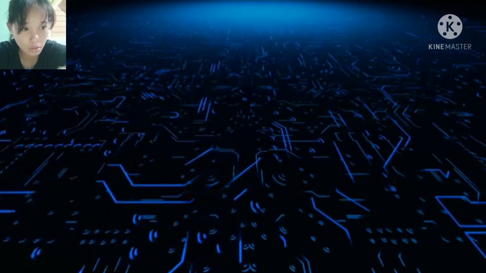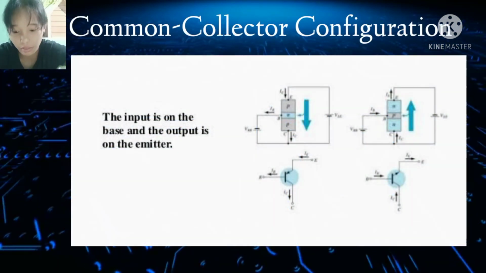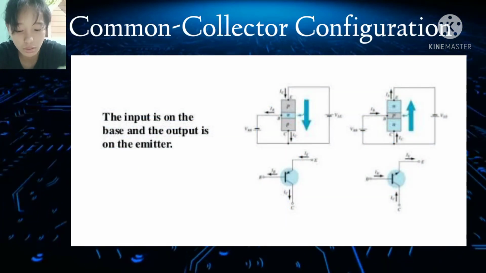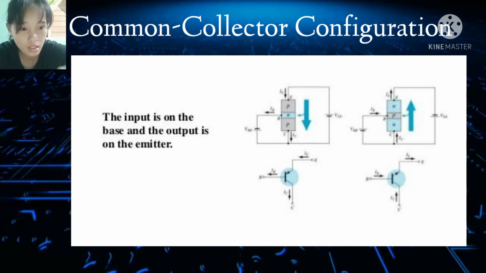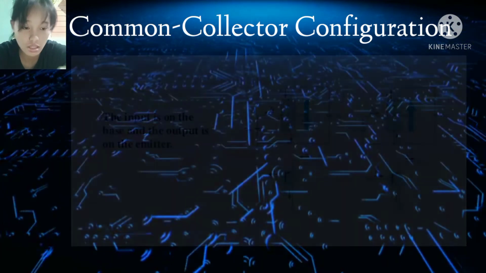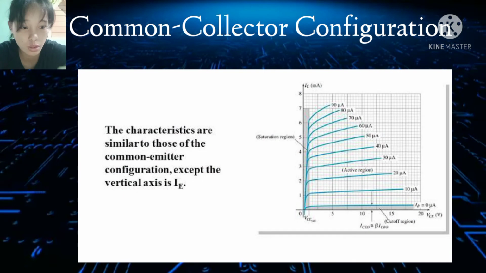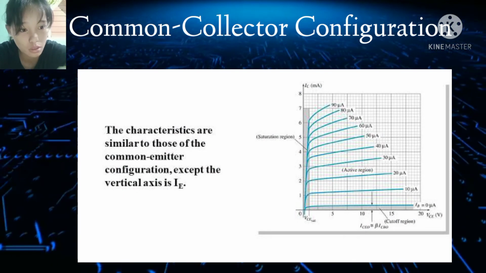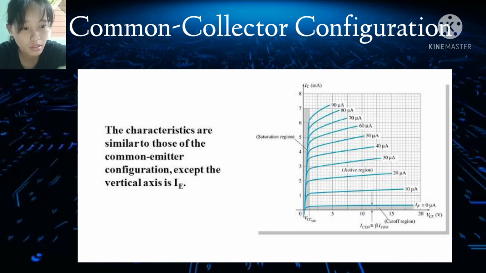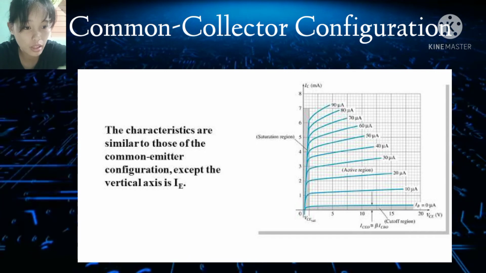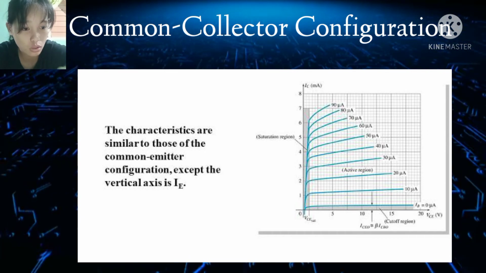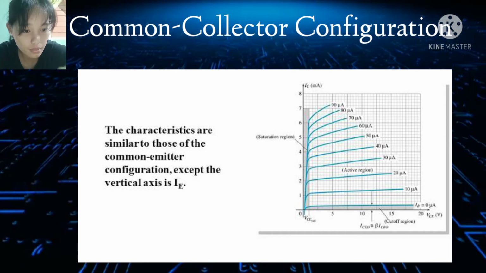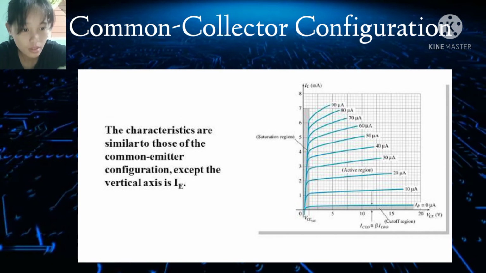Now let's move to common collector configuration. Here our input is on the base and our output is on the emitter. The characteristics are just similar to those of the common emitter configuration, except lamang dito sa vertical axis niya, or the y-axis, which is changed into IE.